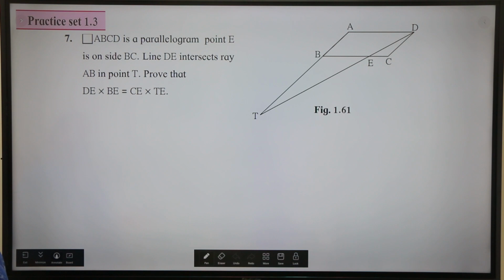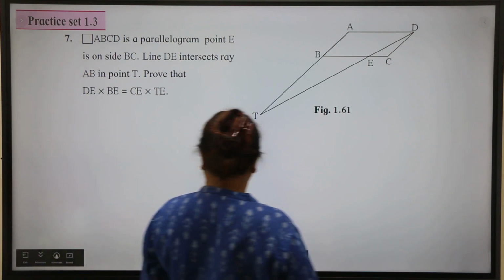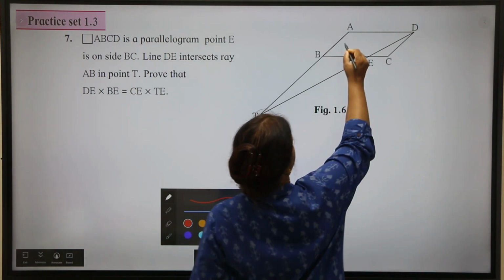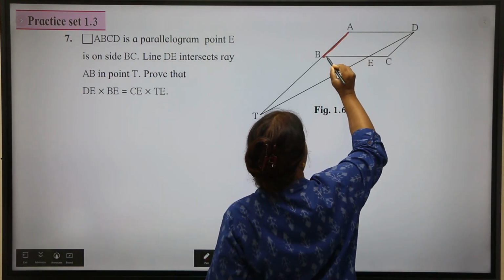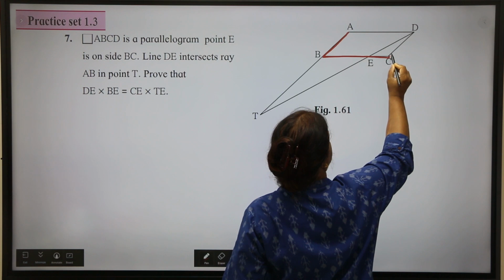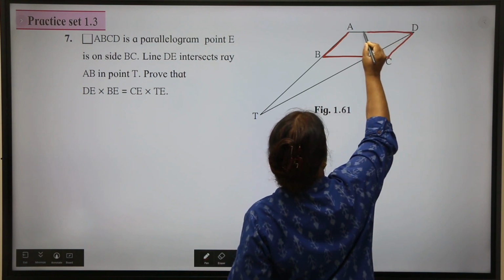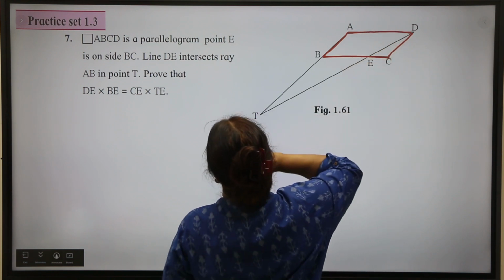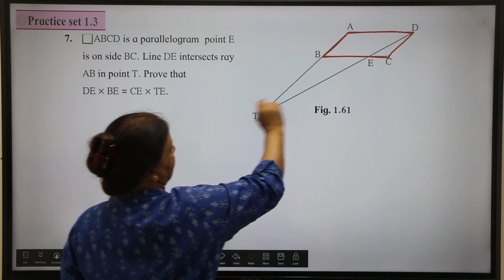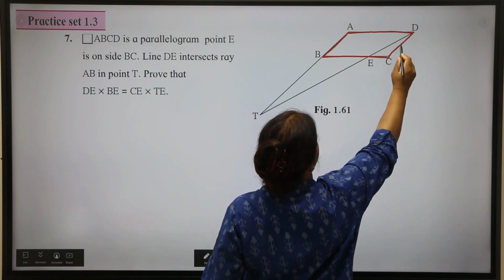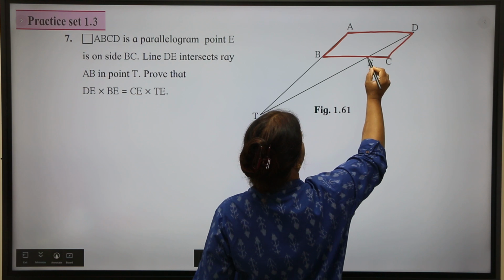Now question number 7. ABCD is a parallelogram. Your parallelogram is A, B, C, D. And point E is on side BC. Yes, point E is on side BC here.